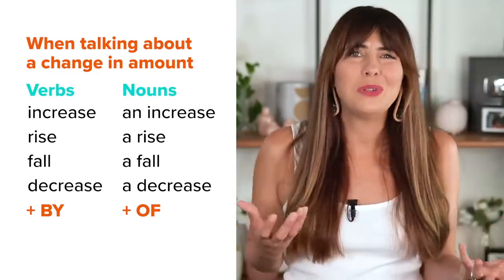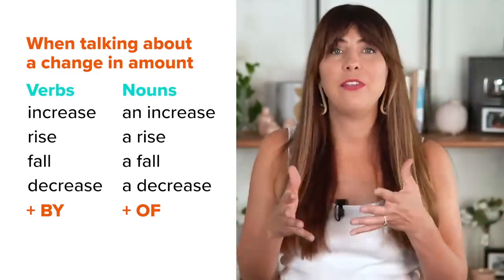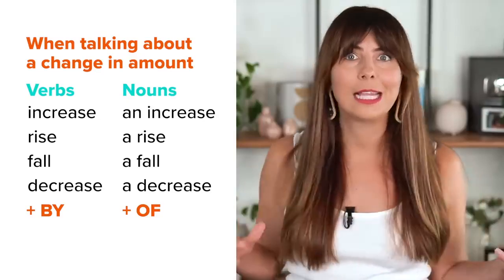Now, these ones are all extra tricky because the noun and the verb forms are exactly the same. Thank you very much, English. So just make sure you're paying attention to the structure of the sentence. Look out for the article. That's your clue that it's a noun rather than a verb.